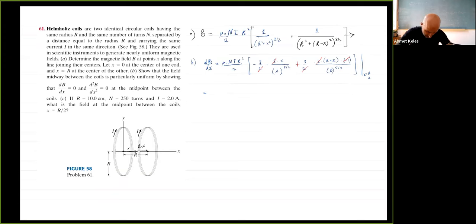So this whole thing is mu 0 n I r squared over 2 times minus 3 times r over 2 divided by (r squared plus r squared over 4) to the 5 over 2, plus 3 times (r minus r over 2), which is r over 2, divided by (r squared plus (r minus r over 2) squared, which is r squared over 4), again to the 5 over 2.